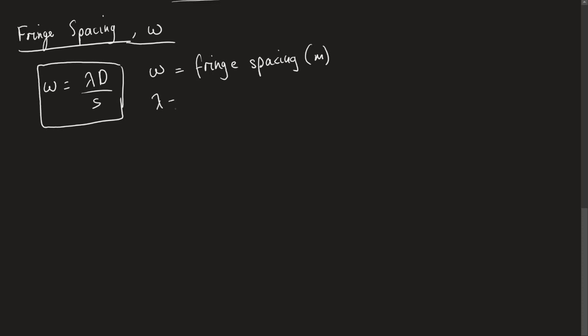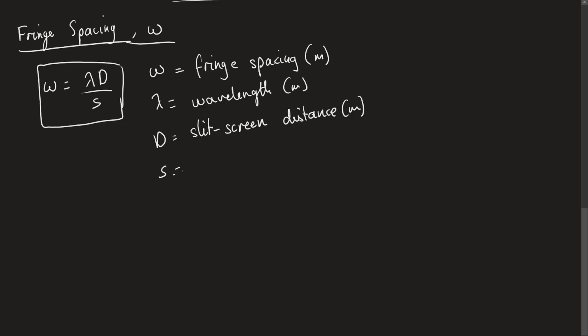Lambda is obviously wavelength, also in meters, and D is what we call the slit to screen distance. So the big distance, we've always referred to this as D, but S is now the slit spacing.